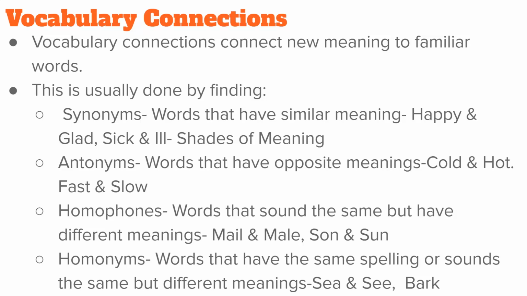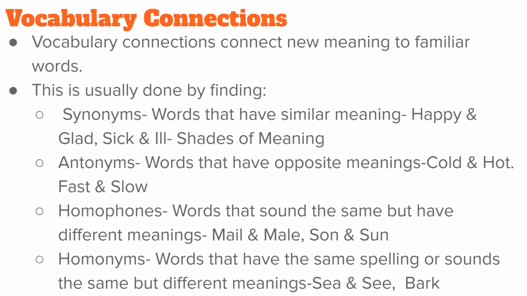Okay, so vocabulary connections. Vocabulary connections are connecting new words to words that the students already know. And naturally, this increases the students' vocabulary. Some easy ways to do this is by finding synonyms, antonyms, homophones, and homonyms.